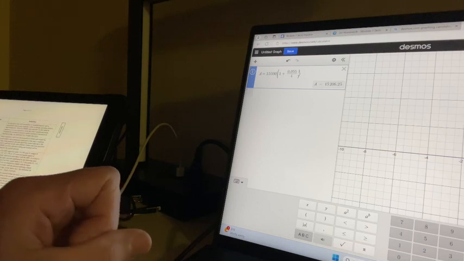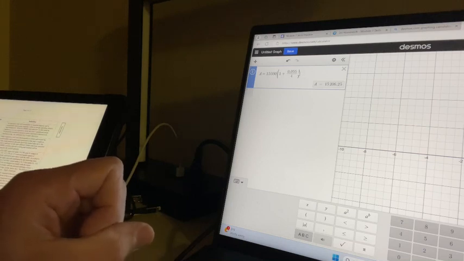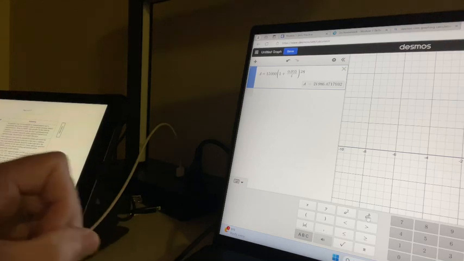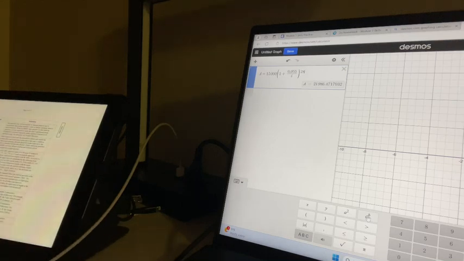Raise that to the NT. This is going to be different. This is going to be 4 times 7 now. So raised to the 28th power. There we go. Now we have a total account value after 7 years of $21,986.47. So that's pretty good. Okay, that's doing it quarterly.